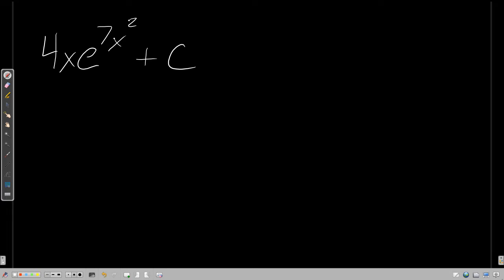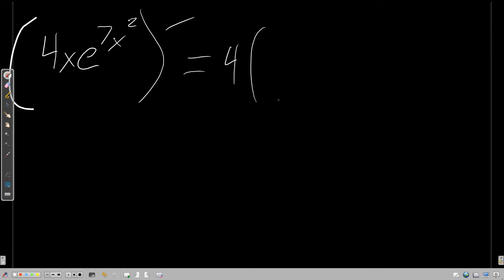Now, they all have the plus c, and c is just a constant. If you differentiate that constant, it's going to be gone, so forget about it. Take the derivative of this, well, that's a product rule, right? So the 4 I can just write down outside of everything, and then the derivative of x, which is 1.